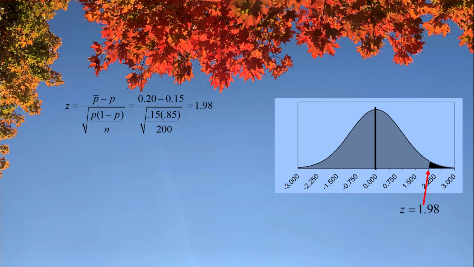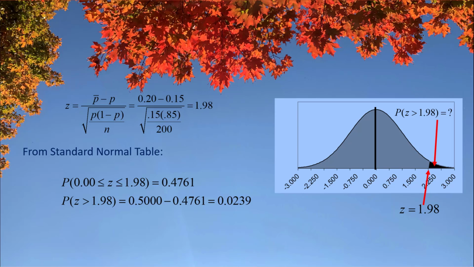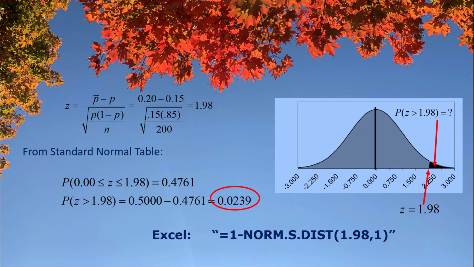The right side little tail is defined by the standard value 1.98, so the area of the little tail would be the probability we are looking for. It can be found from the standard normal distribution table, giving us the answer 0.0239, or from the standard normal distribution function, we find this answer right away.